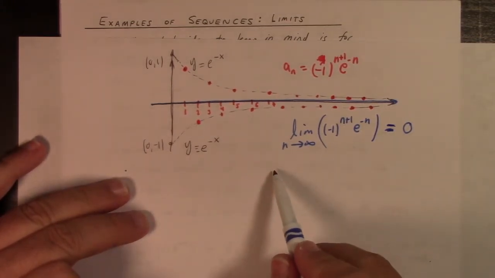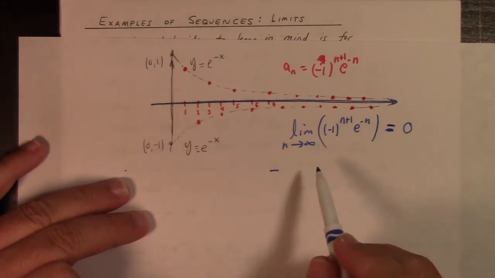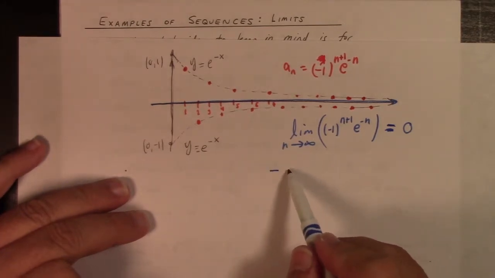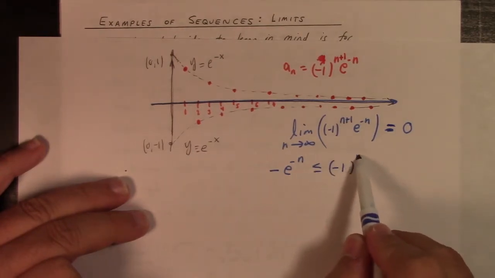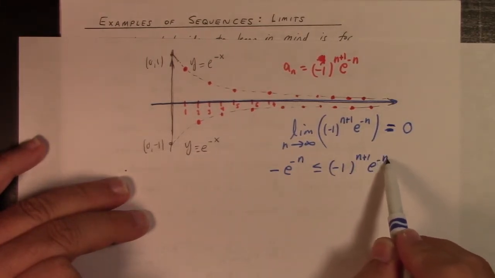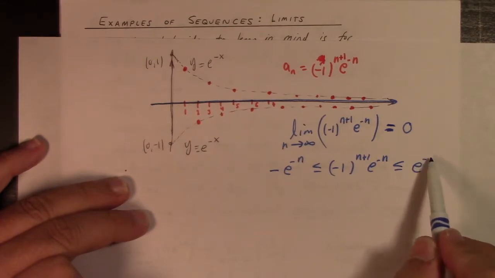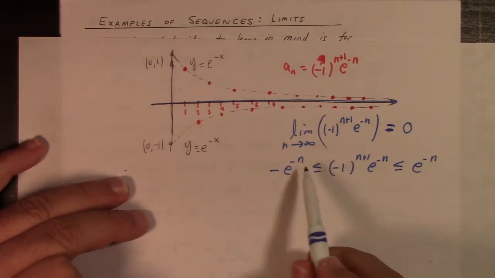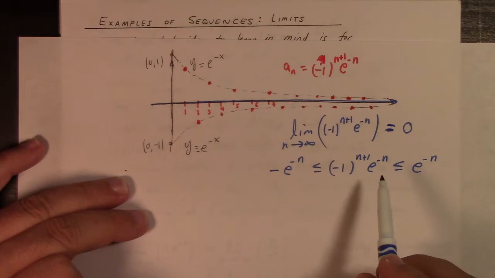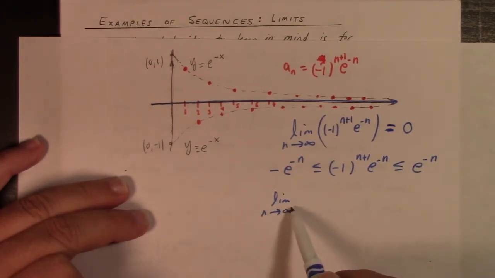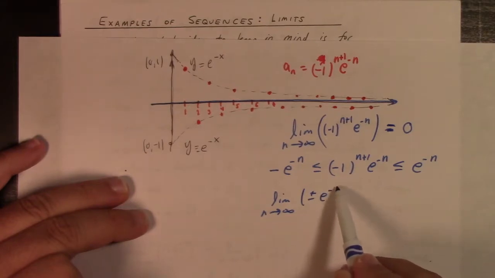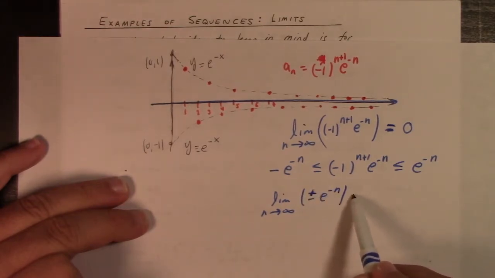We just go, okay, so minus e to the minus n is less than or equal to -1 to the n plus 1 times e to the minus n, which is less than or equal to e to the minus n, because this is either plus or minus. It's stuck between this and that. The limit as n goes to infinity of plus or minus e to the minus n, both of these are 0.